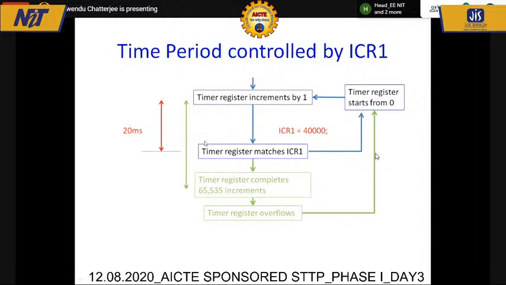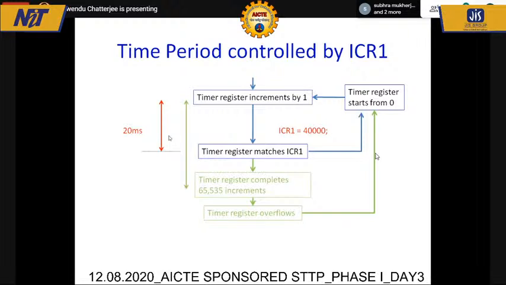We will get the time period just by putting this value and nothing else. So it will automatically control, and you will get a 20 millisecond time period. This part is over.